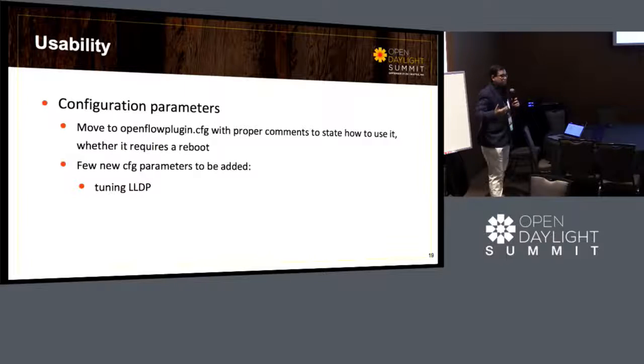So if we have switches connected to it, that results in a lot of errors. So currently we have a couple of parameters in the OpenFlow plugin.cfg file, but we plan to augment all the configurable parameters with proper comments on how to use it and whether it will require a node restart or not, and a few new config parameters to be added, like tuning the LLDP packets, whether you want it or you don't want it, and the time for it to be sent.